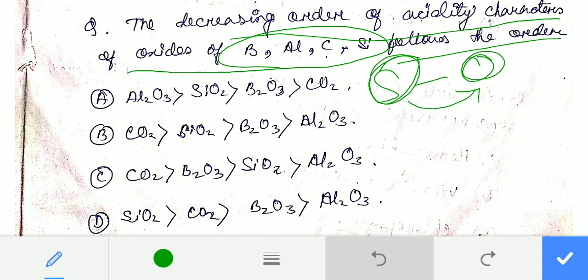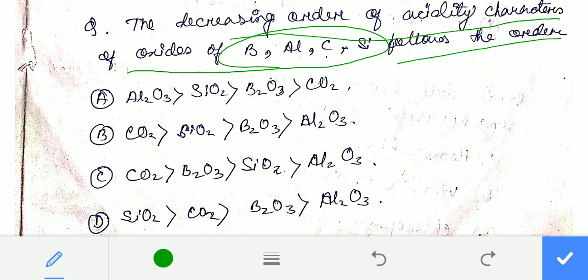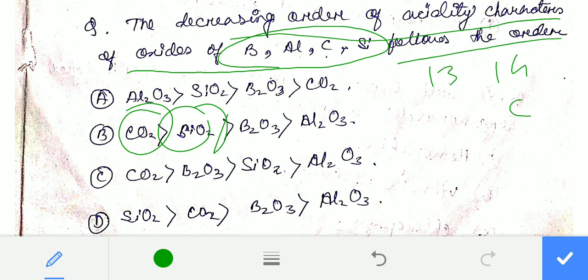Now let's go into the options. Here we have CO2, carbon dioxide, SiO2, B2O3, and Al2O3. Carbon is a group 14 element and boron is a group 13 element, and they are positioned in the periodic table like this: carbon, boron, here silicon, and here aluminum.